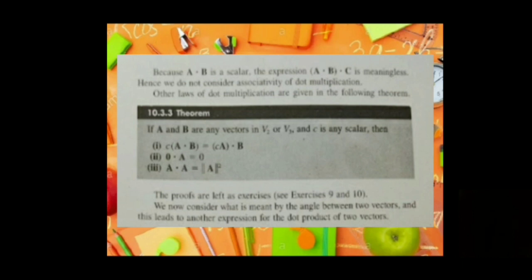The proofs are left as exercises, Exercises 9 and 10. We now consider what is meant by the angle between two vectors, and this leads to another expression for the dot product of two vectors.